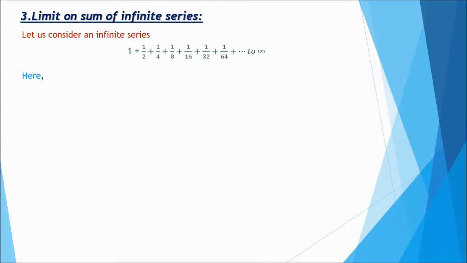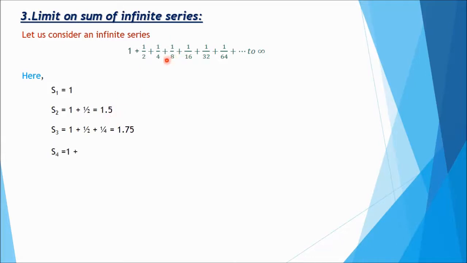Let's find S1, the sum of one term, that is 1, isn't it? S2, the sum of two terms, 1 plus 1/2, is 1.5. The sum of three terms, 1 plus 1/2 plus 1/4, is 1.75.